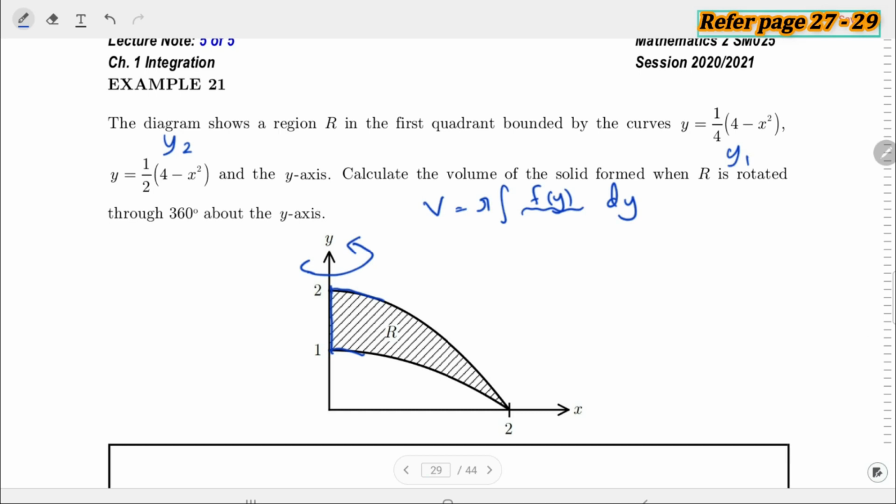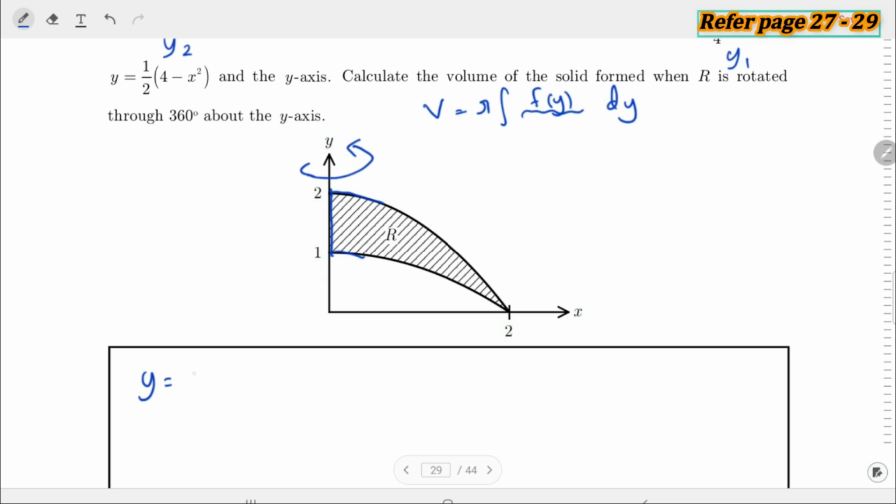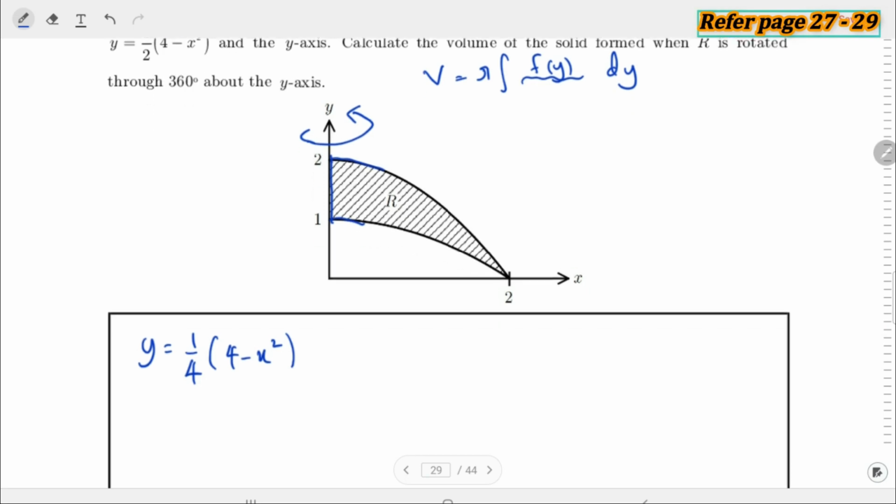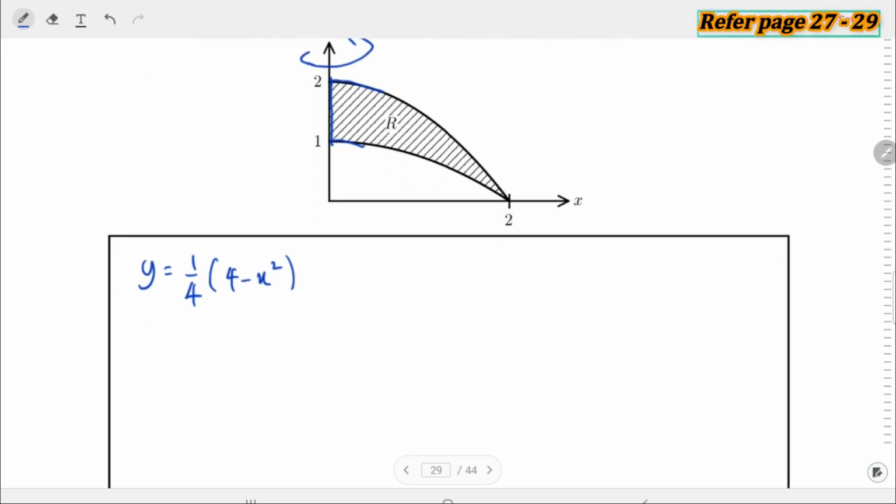So first we have y equals 1 over 4 times (4 minus x squared). This function is in terms of x, so we change it into terms of y. So 4y equals 4 minus x squared, so x squared equals 4 minus 4y.